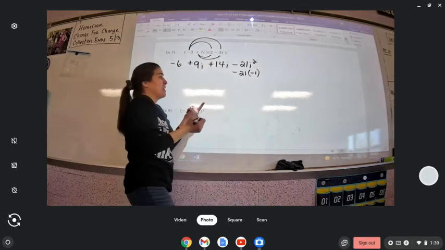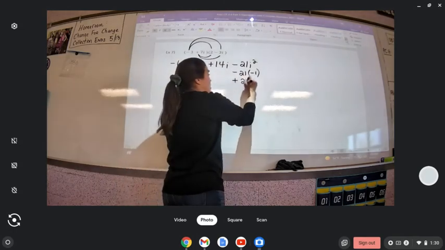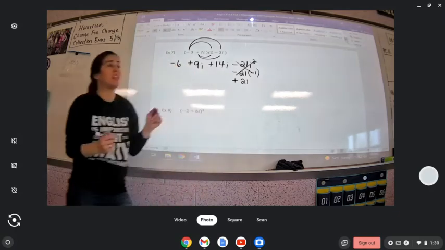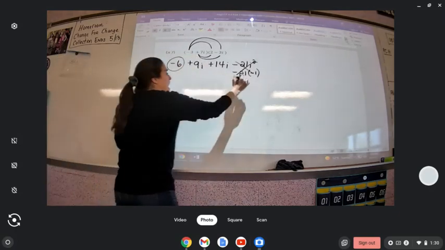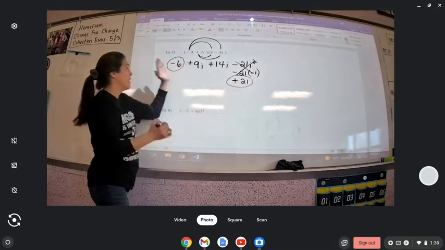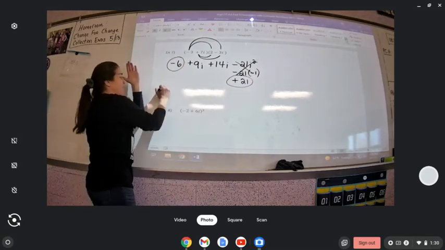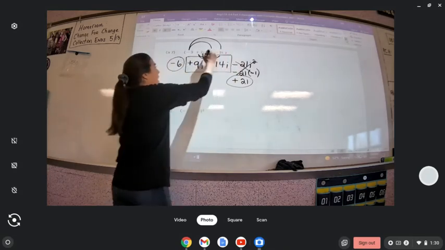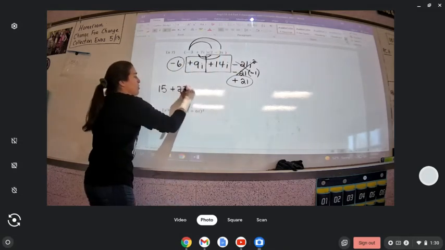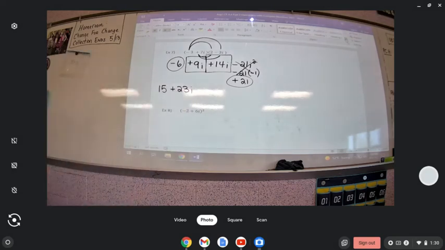Really, what number is that? That's a positive 21. So make sure you fix that. Now I can combine my like terms. So I have negative 6 and I have 21. So if I had 21 and I took away 6, now I have 15. And then 9i's plus 14i's gets me a total of 23i's. So you should end up with that.